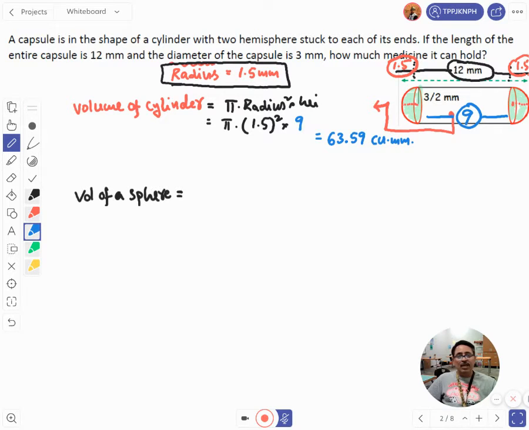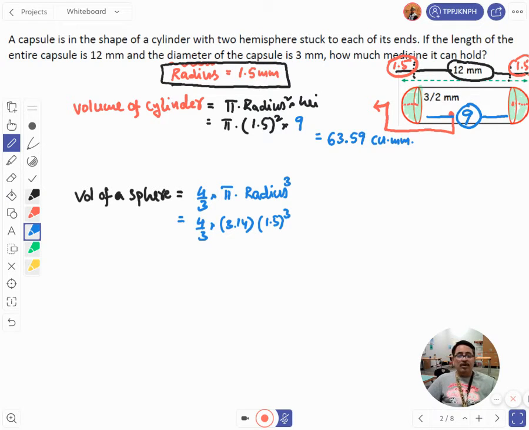Now coming to volume of a sphere, as I mentioned before, you have to memorize all the rules. So 4 by 3 pi times radius cube. So 4 by 3 times pi value is 3.14, radius already we discussed that it is 1.5. So just grab your calculator. It is 4 divided by 3 times 3.14 times 1.5 cube.